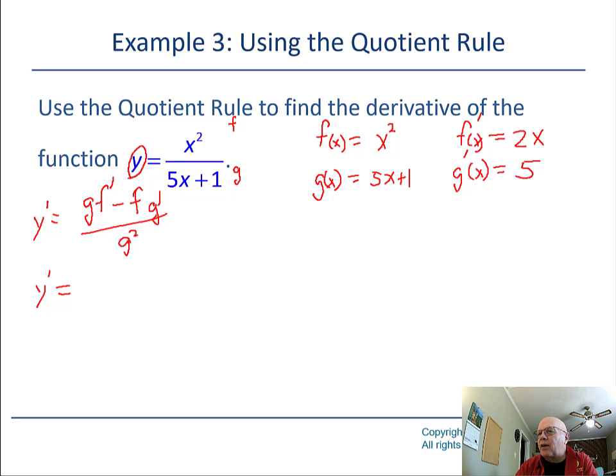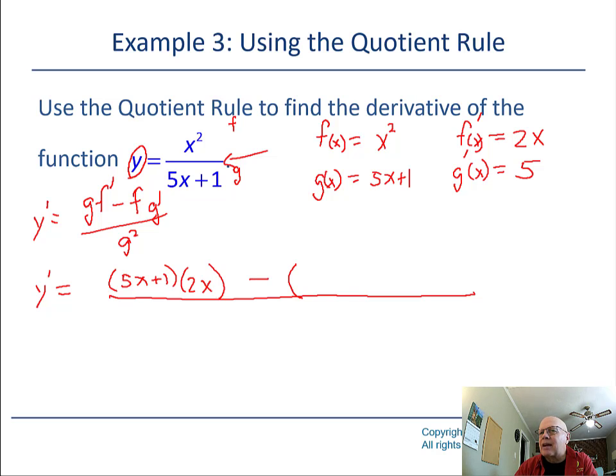G is right here. So 5x plus 1, nice big fraction bar there, times what? The derivative of f. We've already got it, 2x. We're using the quotient rule, so there's a minus between them. What's on the second part?